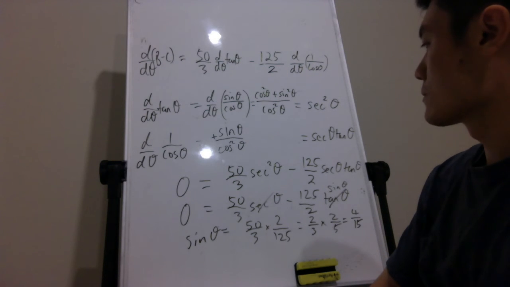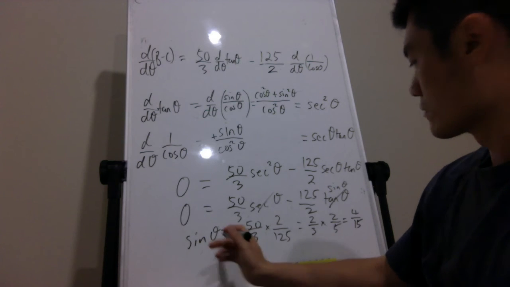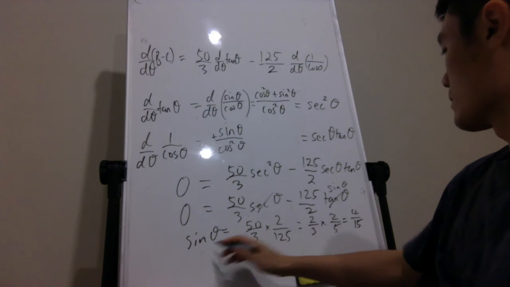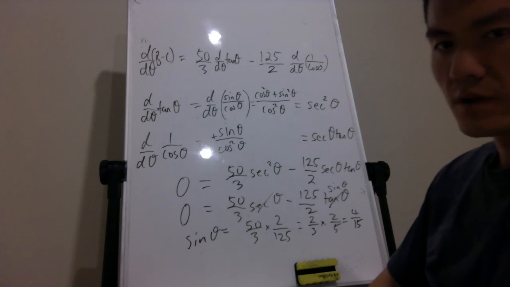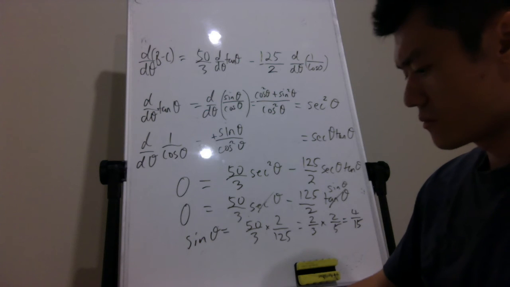Of course, if theta is acute, there's only one angle theta for which the sine of that is 4 over 15. And that should be our maximum.